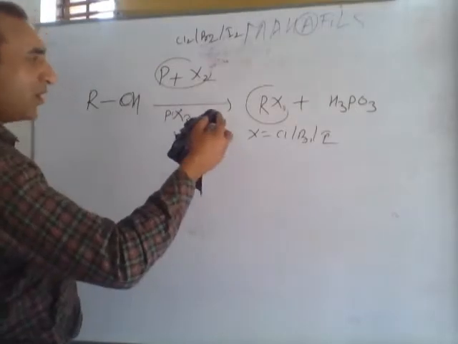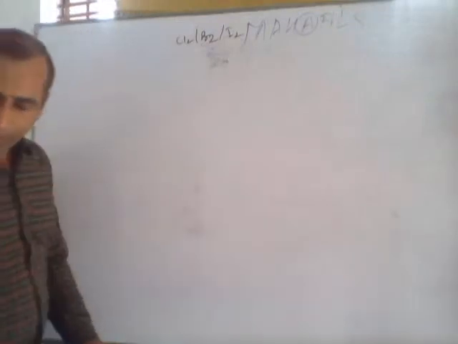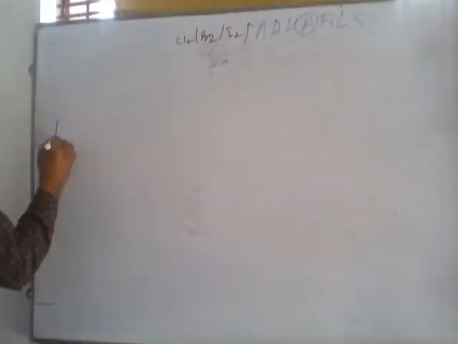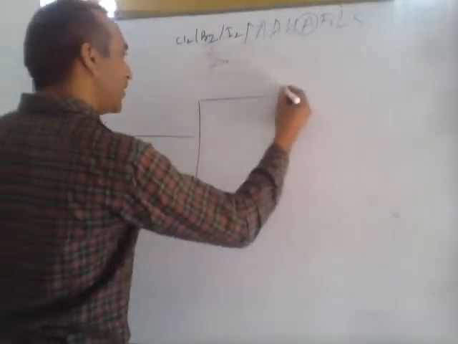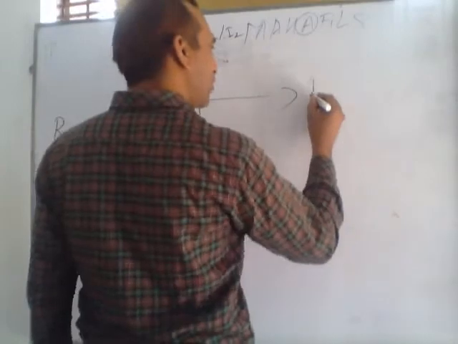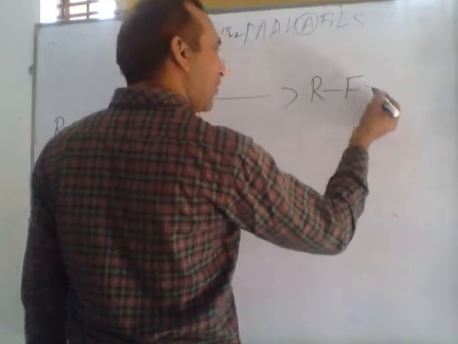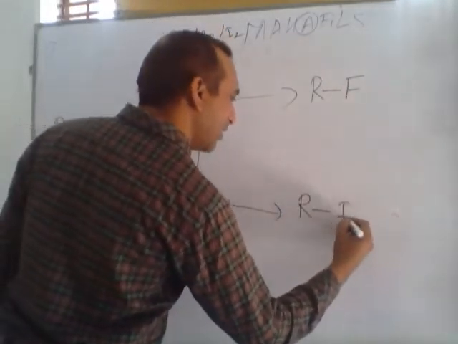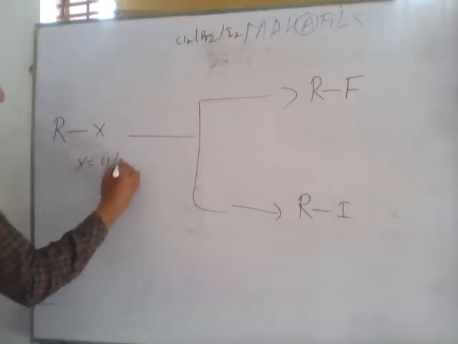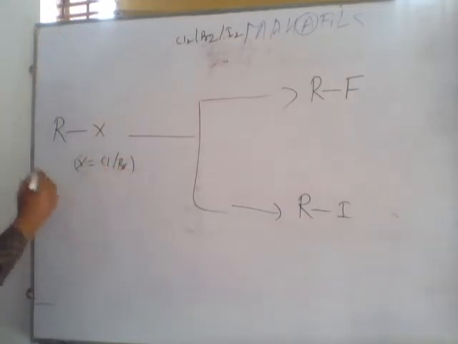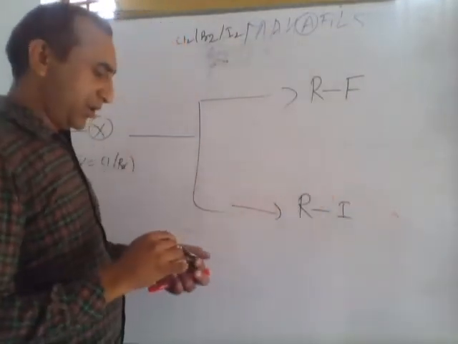Listen. If we want fluoro or iodo compounds, there are different techniques. Suppose this is RX, where X may be chlorine or bromine. From RX we want to prepare RF or RI. We want to replace the halogen by fluorine or iodine.